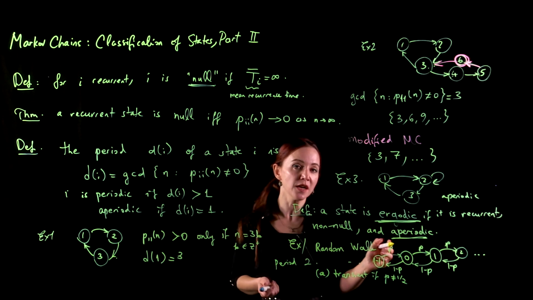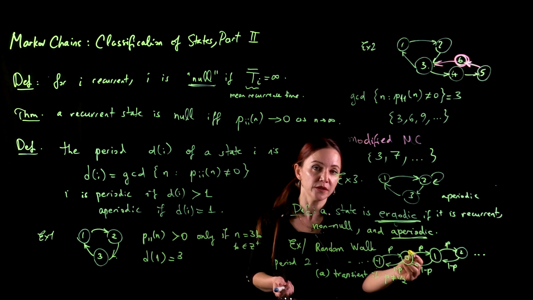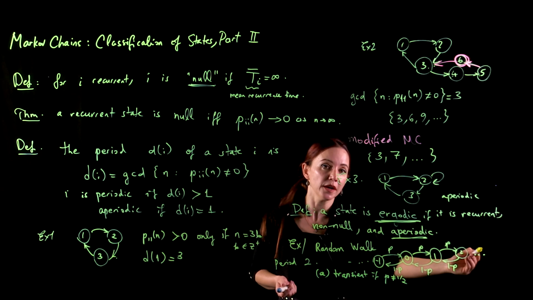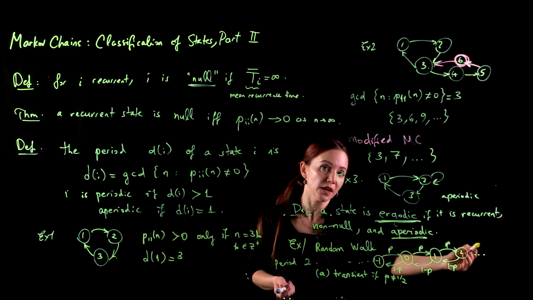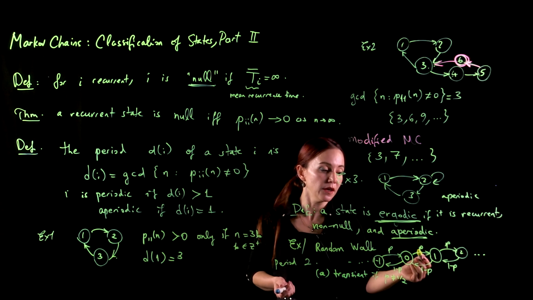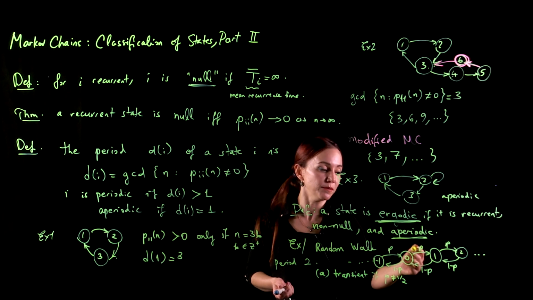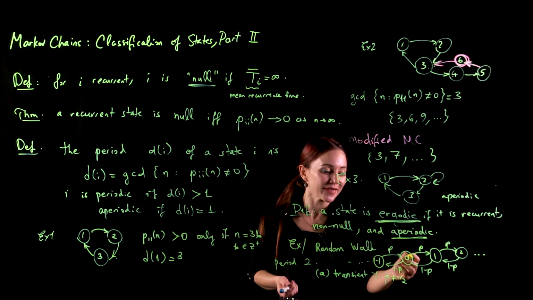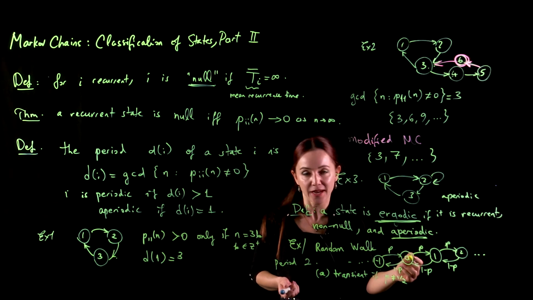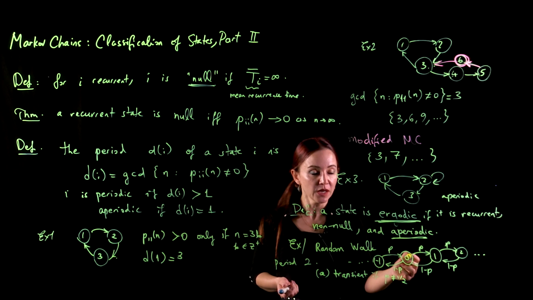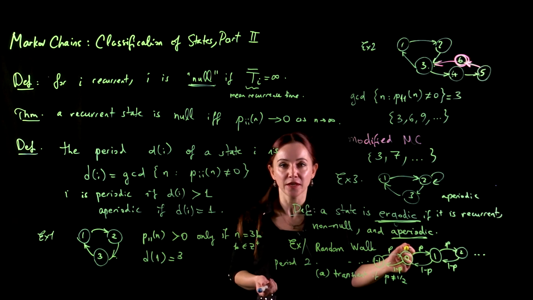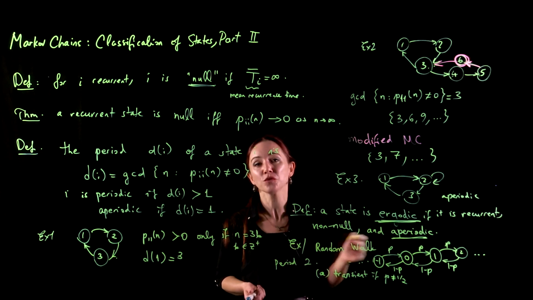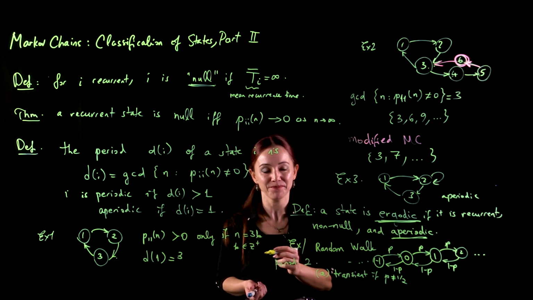Because if p is not equal to 1/2, the state is either drifting to the right. If p is larger than 1/2, it's drifting to the right. Or maybe to you this is left. And if p is less than 1/2, the state is drifting to more negative, to negative infinity, essentially, this way.